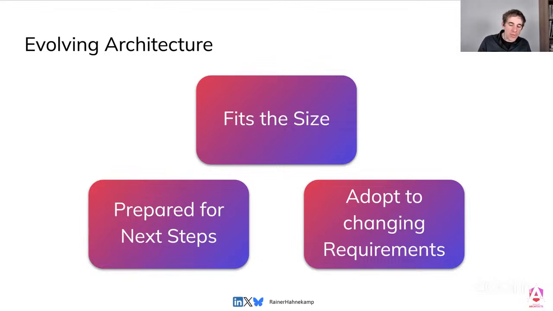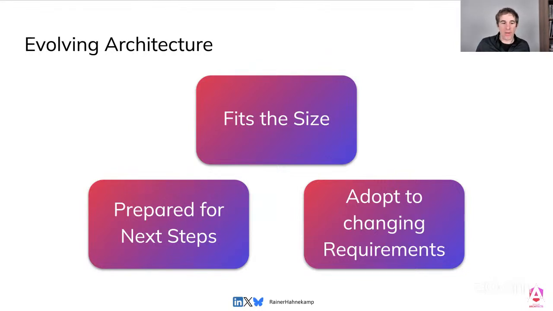You want an architecture that fits the size of your application. It doesn't make much sense if 50% of my code base is just overhead because my architecture dictates it. I really want something which fits small applications, but also larger ones.